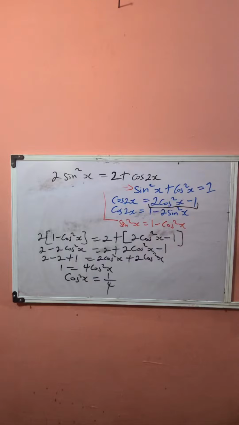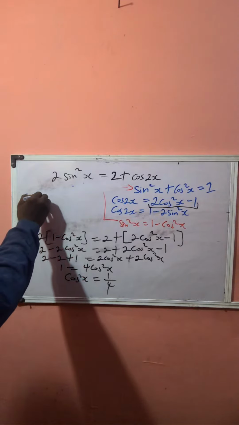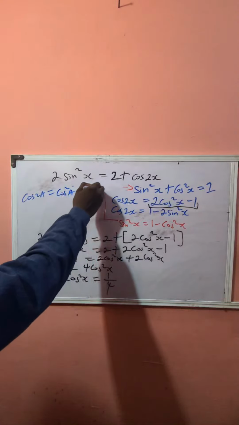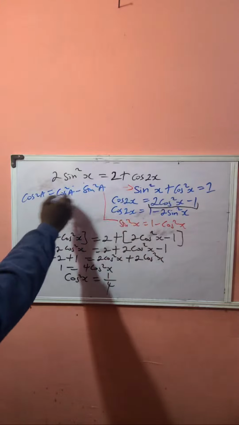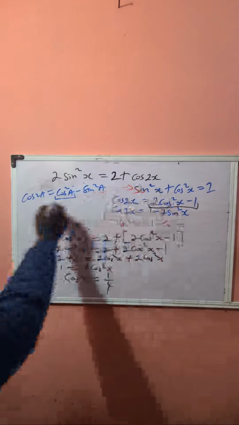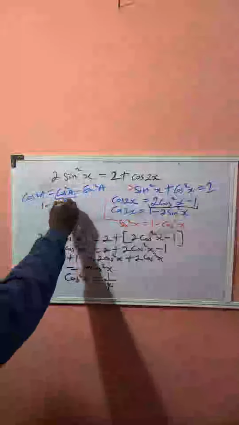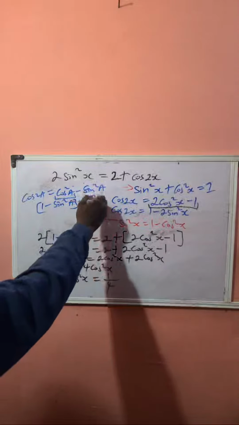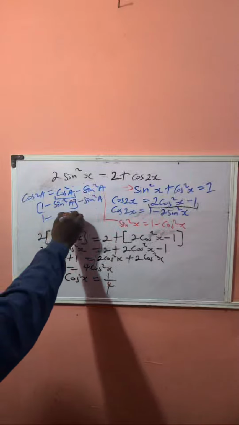Yes, somebody said I thought cos 2a is cos square a minus sine square a. Yes, you are correct, but don't forget, I then went on to tell you that knowing that cos square a can also be written as 1 minus sine square a, following this identity, minus sine square a, this will be 1 minus 2 sine square a.